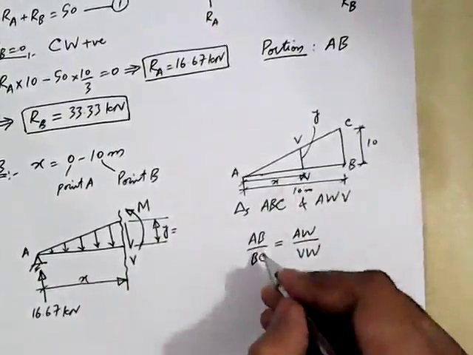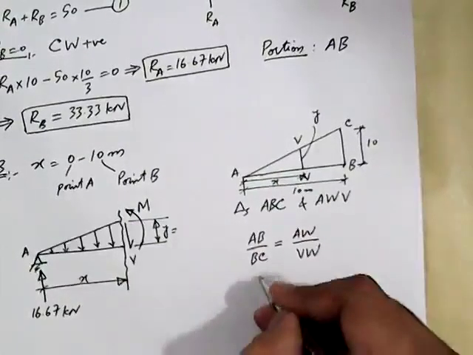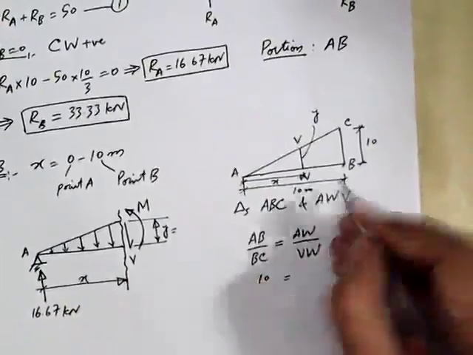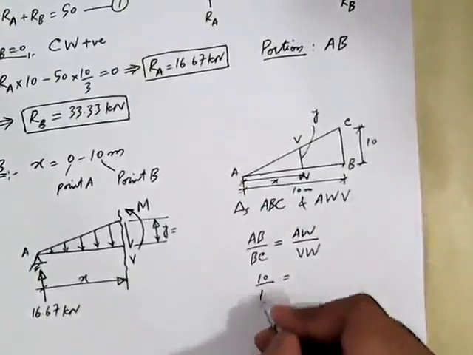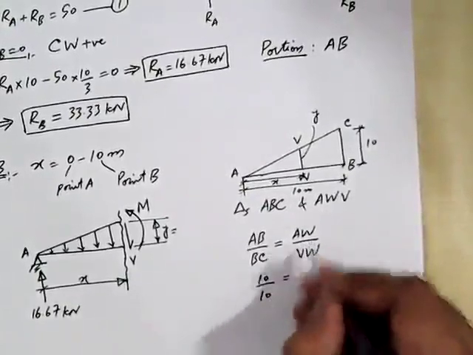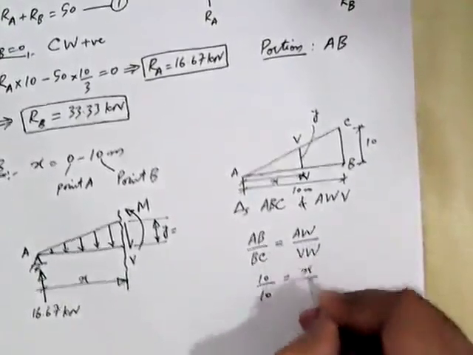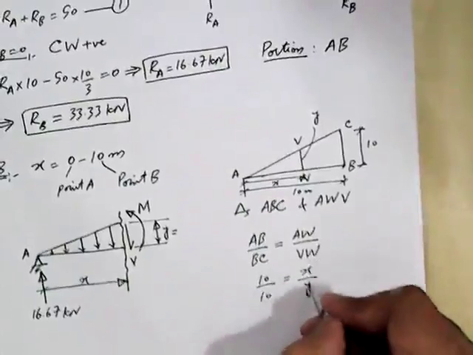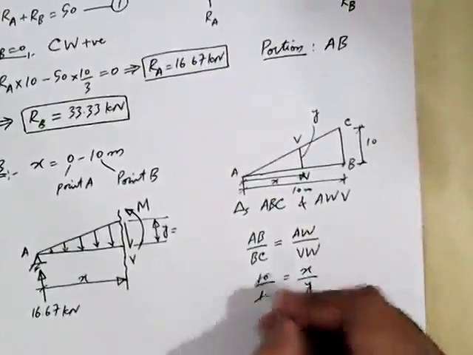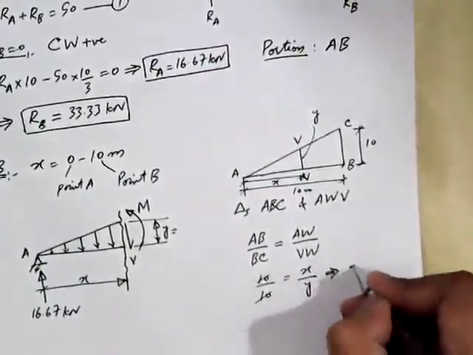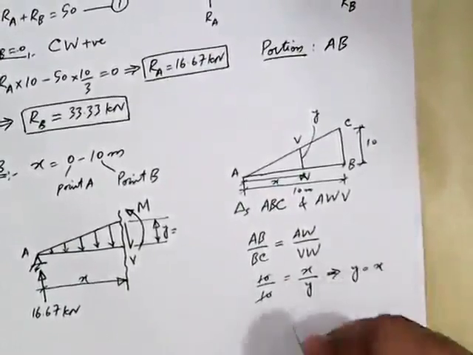And how much is AB? We know AB is 10. How much is BC? BC is also equal to 10. What is AW? AW is x. What is VW? VW is y. So if I rearrange this equation, I get y is equal to x.